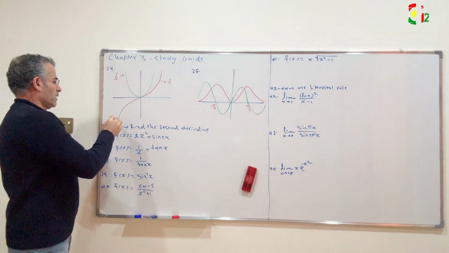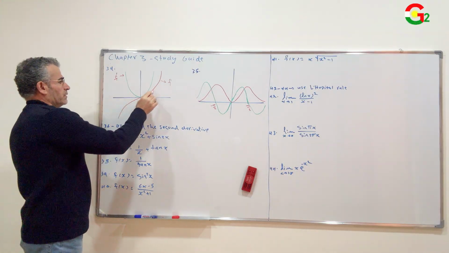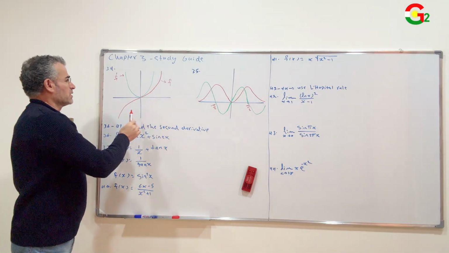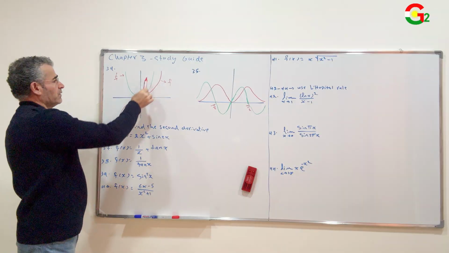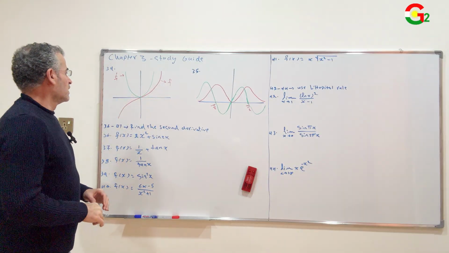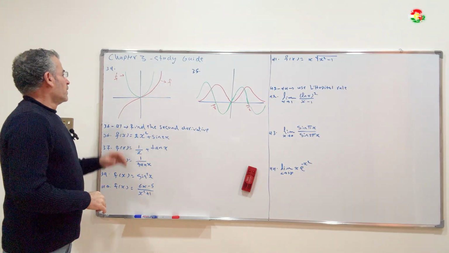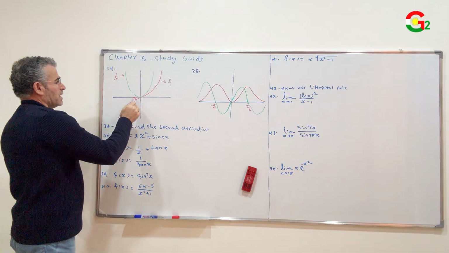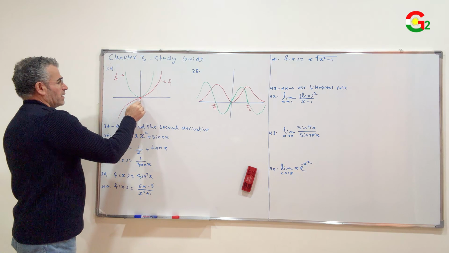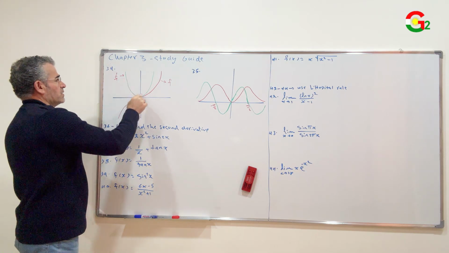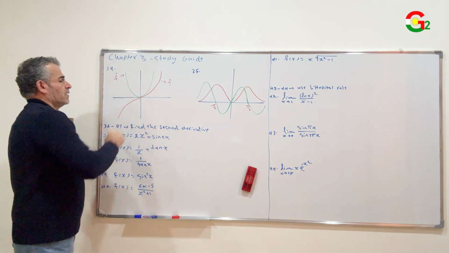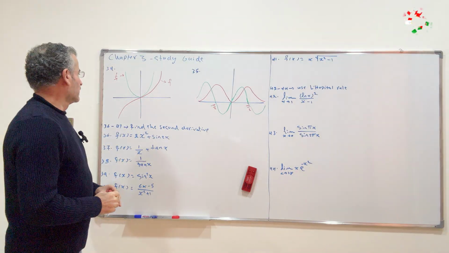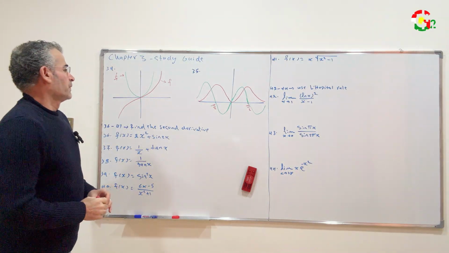Since the function increases from negative infinity to positive infinity, and its derivative is over the x-axis from negative infinity to positive infinity. Also, the function has a horizontal tangent line at 0, and its derivative intersects with the x-axis at (0, 0).